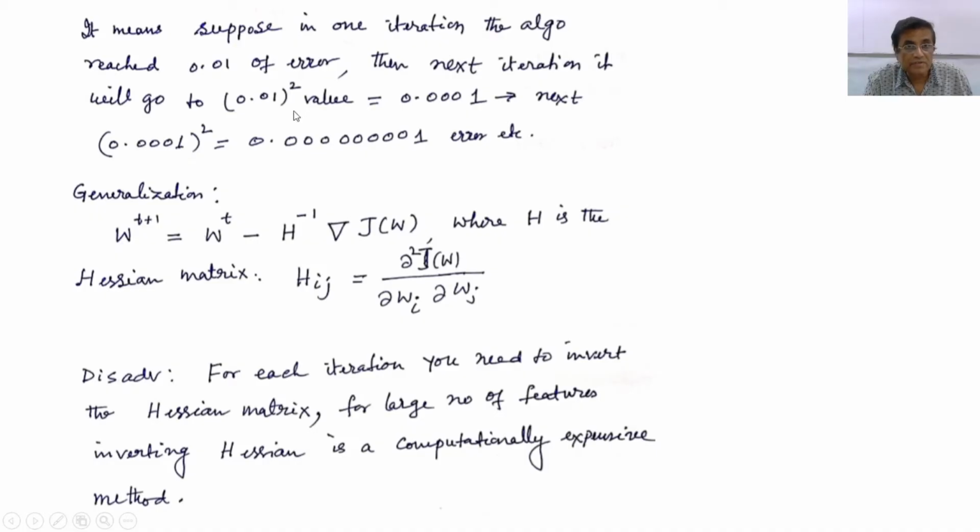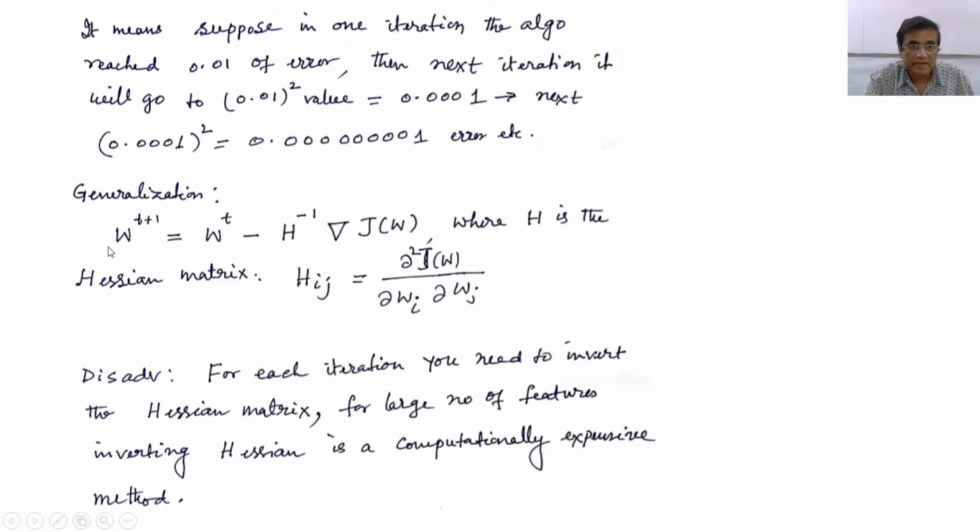Next iteration, you reach 0.01 squared of the error, that means 0.0001. Next, that squared, that means 0.00000001 error, etc. So this is the meaning of quadratic convergence, which, as you can observe, is very, very fast. It will reduce error quickly, okay.